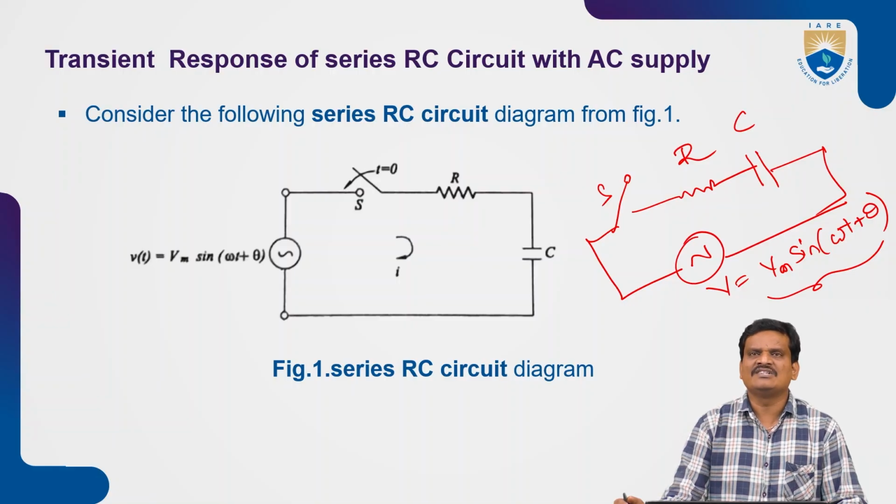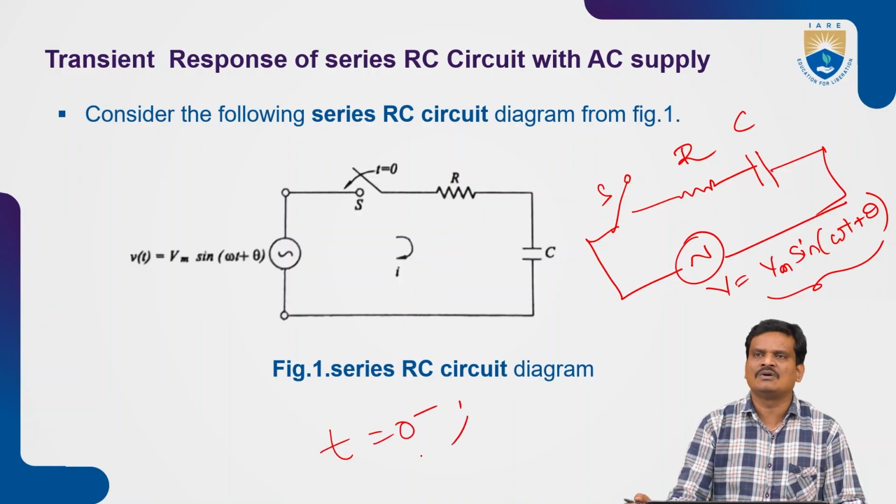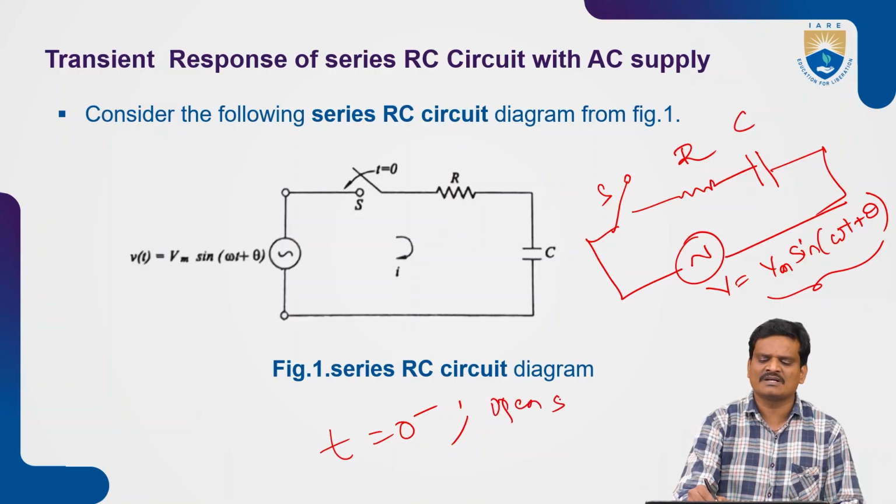Initially, the circuit diagram clearly indicates that the switch was open. Let me make that particular condition t equal to 0 minus. So at t equal to 0 minus, that is just before closing the switch, this condition can also be considered an open switch. The current flowing in the circuit is completely zero.